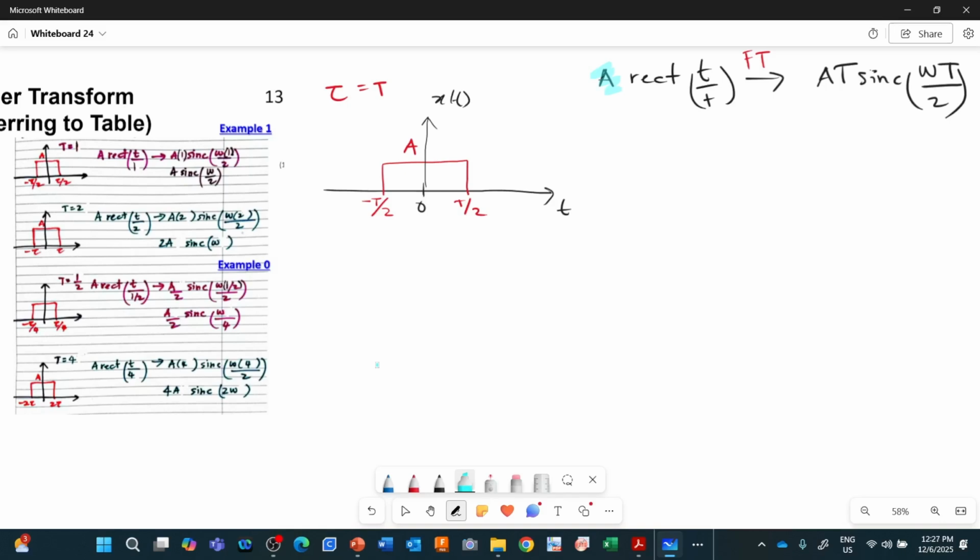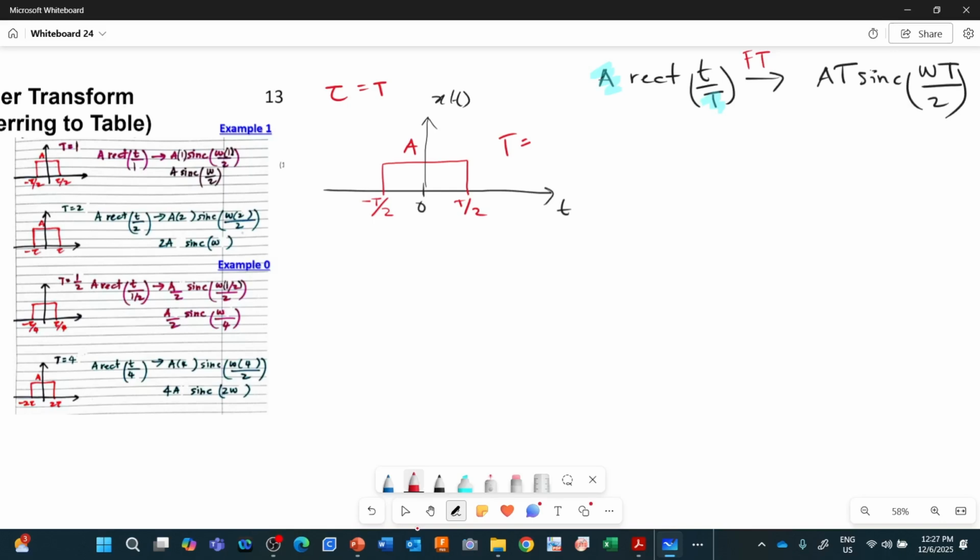So A is A. What else do you have? T, right? Oh, that's wrong, it's a capital T. So we have T. What is the value of T from this graph? T equal to what?